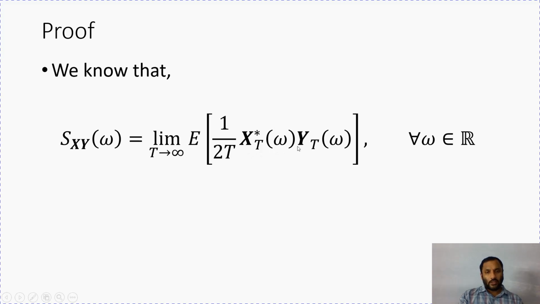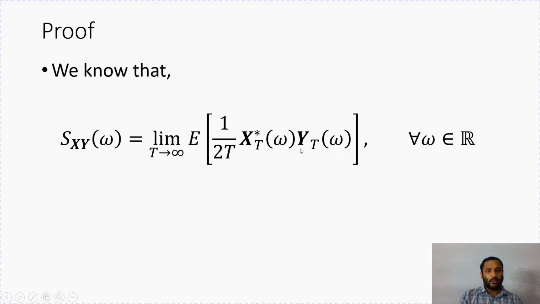So the first one, capital X of omega, is the Fourier spectrum of the sample x of t. Similarly, capital Y of omega is the Fourier transform, or the Fourier spectrum, of the signal y of t. You have to note the difference here.